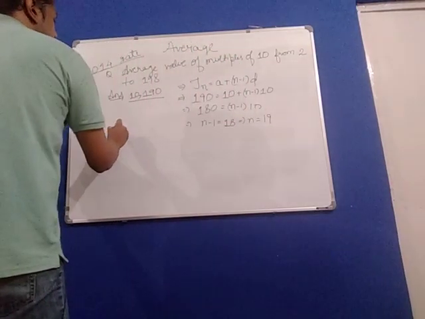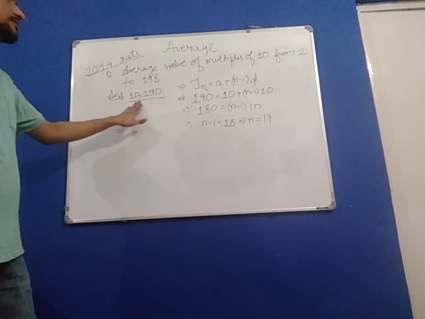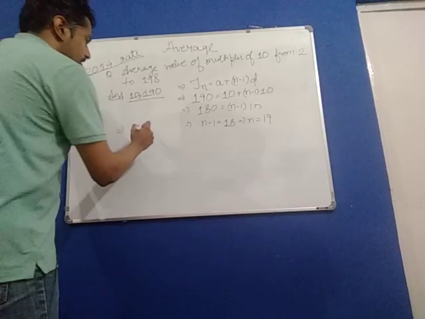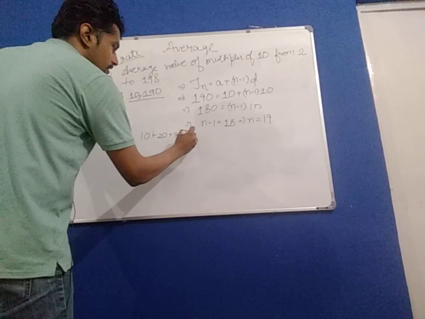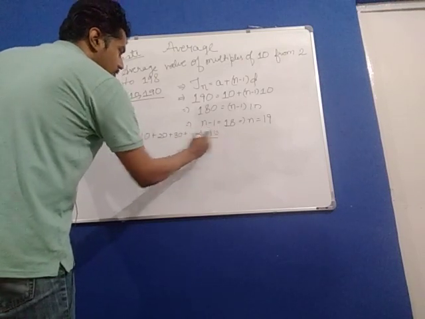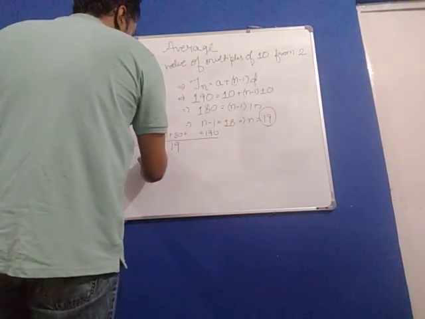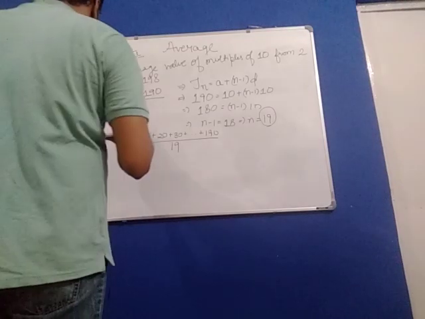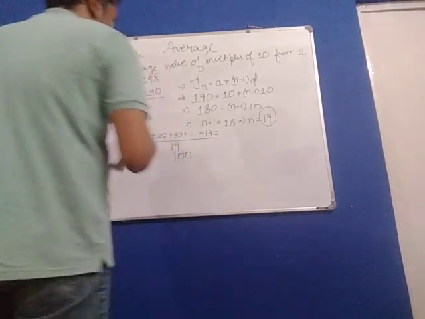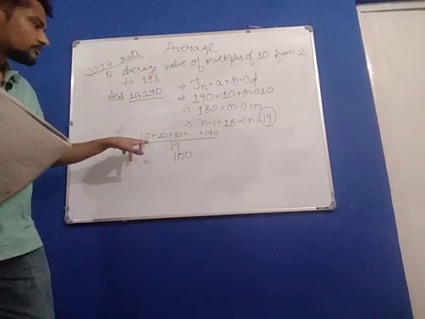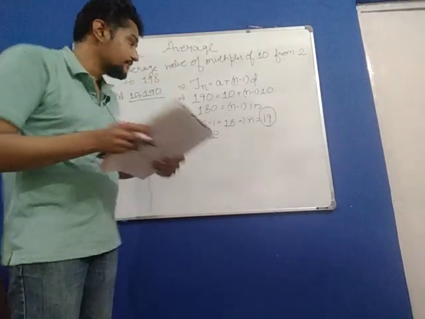Once we have obtained the 19, then it is very simple to obtain the average of multiples of 10 from 10 to 190, because it would be equal to 10 plus 20 plus 30 up to 190, upon the number of terms which we have just found out, 19. And when we calculate this, it will come out to be equal to 100. Needless to say, even here, to calculate the sum we can apply the formula for the sum of an AP.